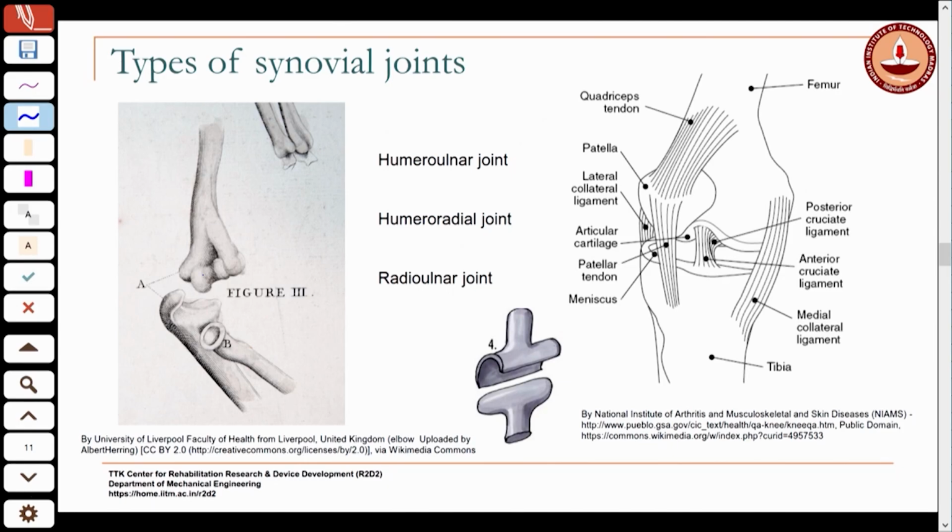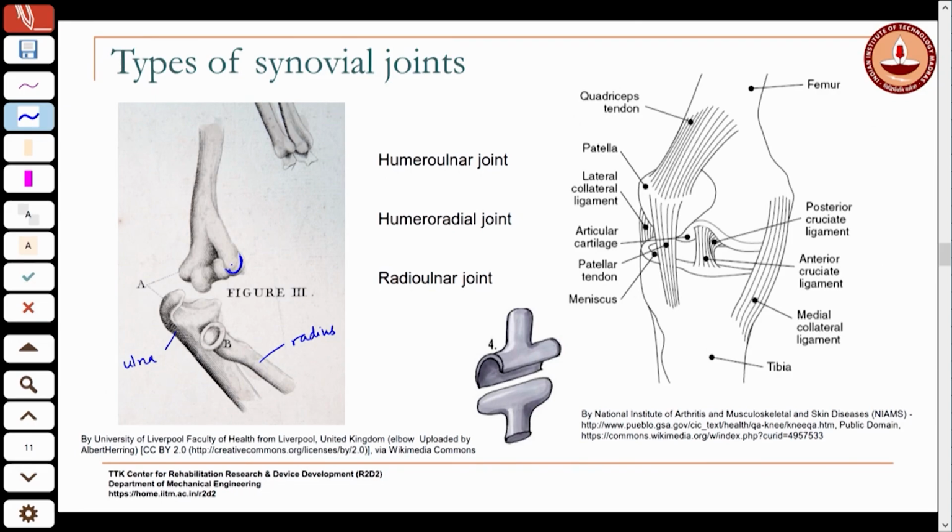You can see here, this is the shape of the humerus and that engages with this projection on the ulna. This is the ulna, this is the radius. And you can see this has like the socket in the radius which engages with this ball in the humerus.